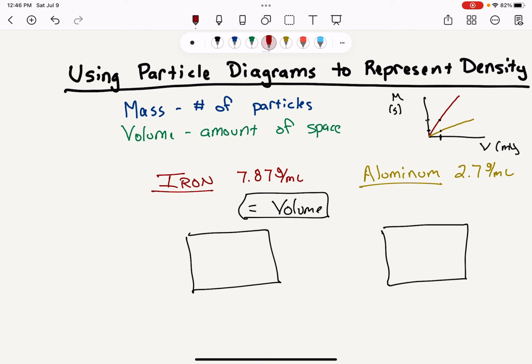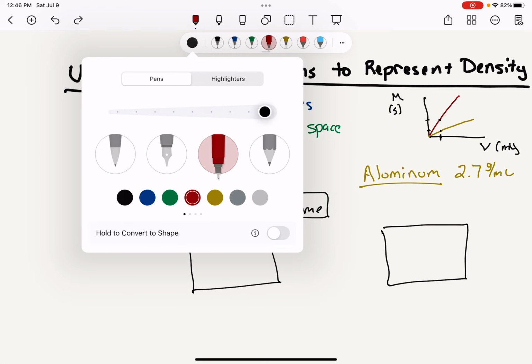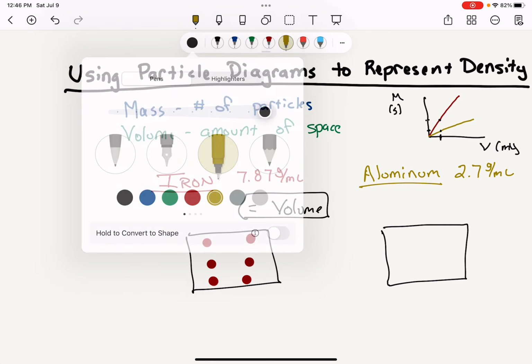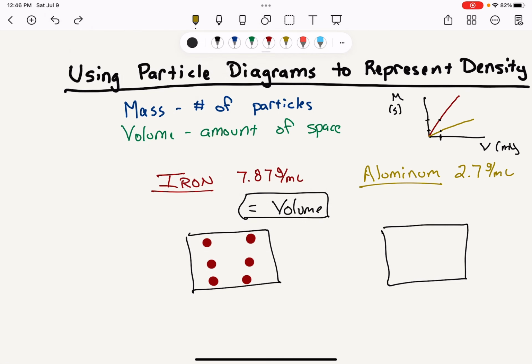Okay? And so what that means is iron is going to have more particles because it's the number of particles. So I might draw that like so. I'll get my dot to be a little bit bigger here. I'll go 1, 2, 3, 4, 5, 6, maybe. Something like that. Then for the gold, I'm going to show less particles. Now, when drawing particle diagrams, typically it's just qualitative. It's just to help us think about it.